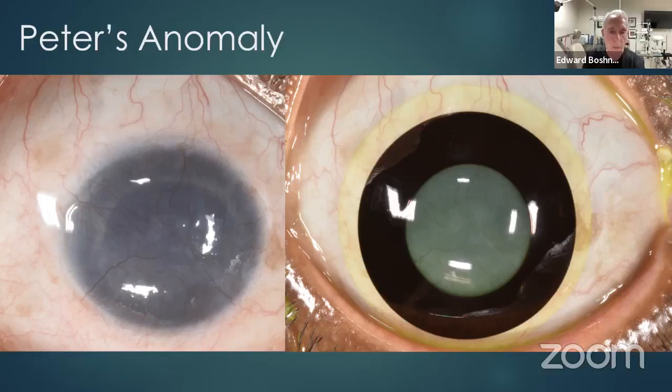And to give her a pupil, we fit this eye with a blackened soft lens. We gave her an 8mm clear pupil, and over that, we put a scleral lens. So with the blackened soft lens and the scleral lens, the patient has 20/80 vision.